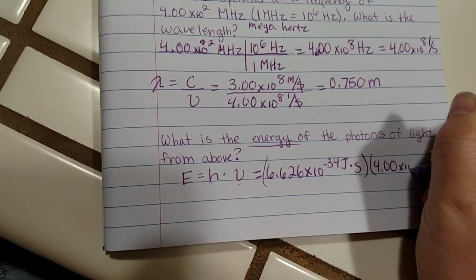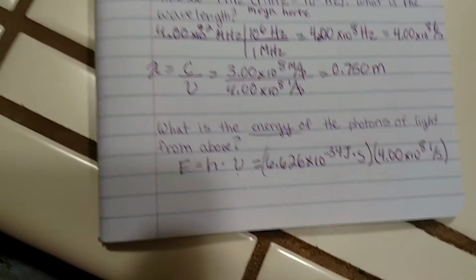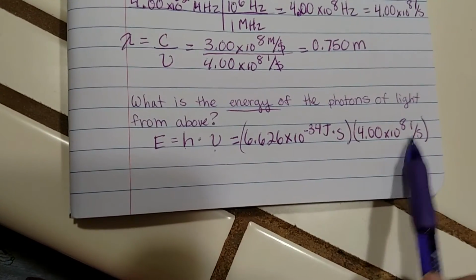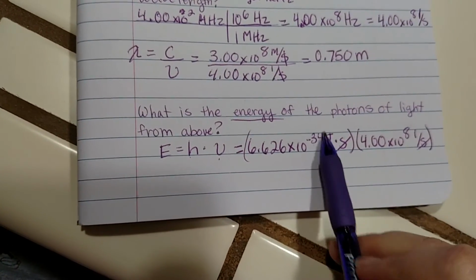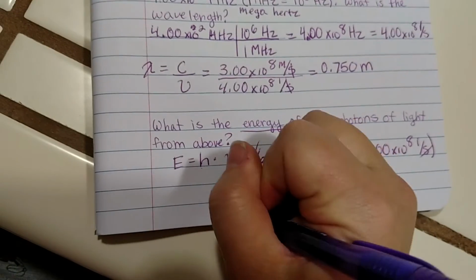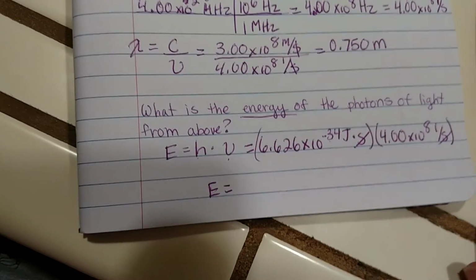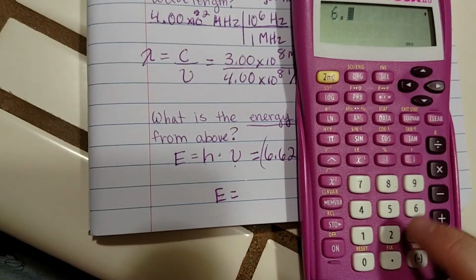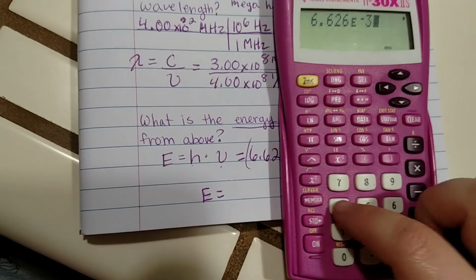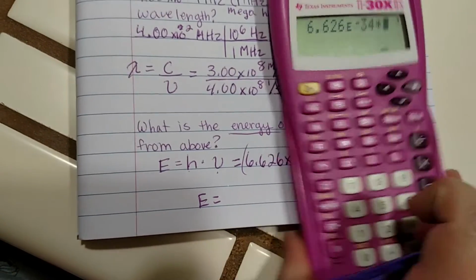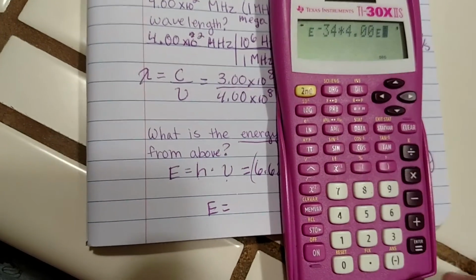4.00 times 10 to the 8th per second. So you can see we've got 1 over seconds here, and we've got seconds here. They will cancel, so we're just left with joules, which measure energy. So our energy is 6.626 times 10 to the negative 34th times 4 times 10 to the 8th.